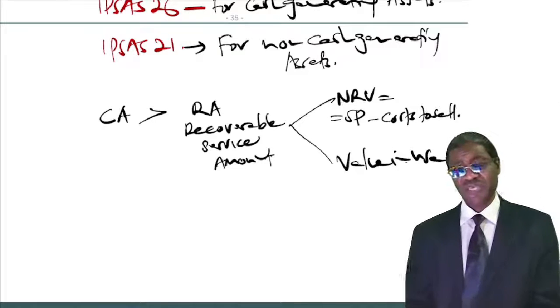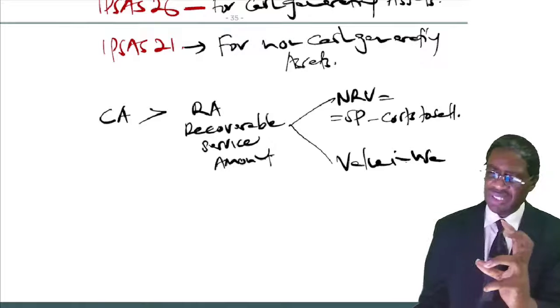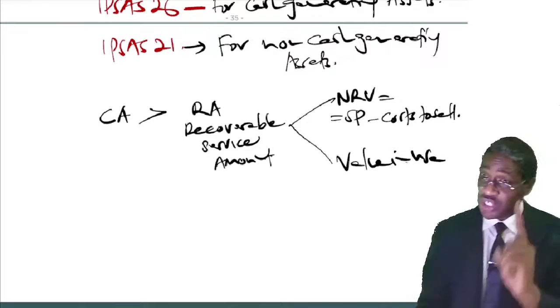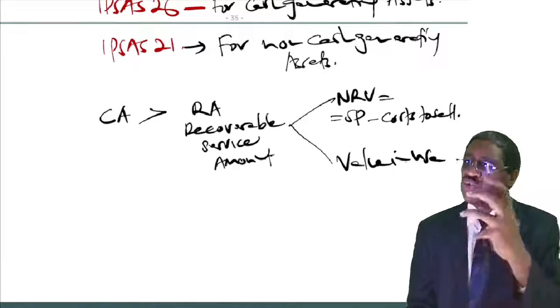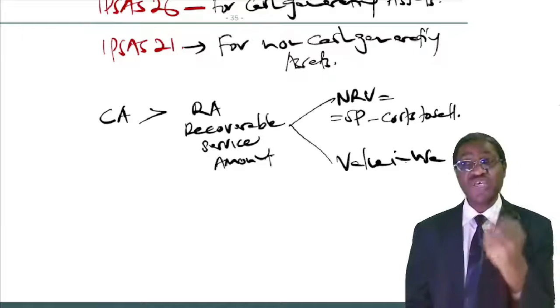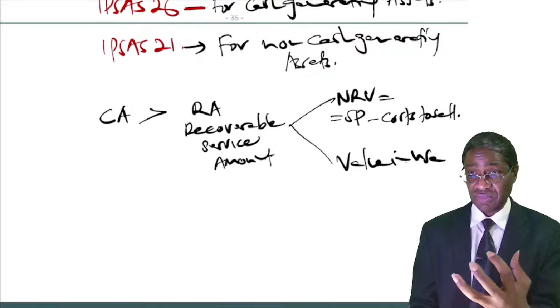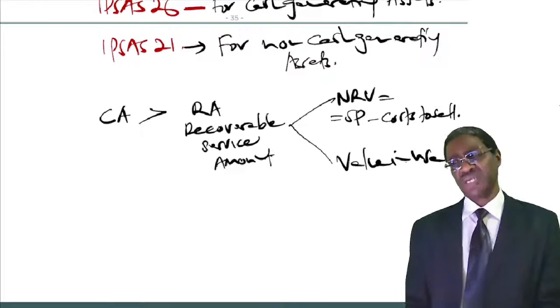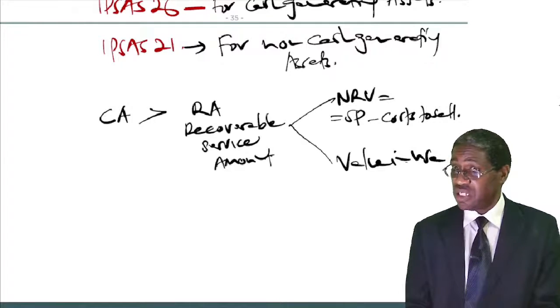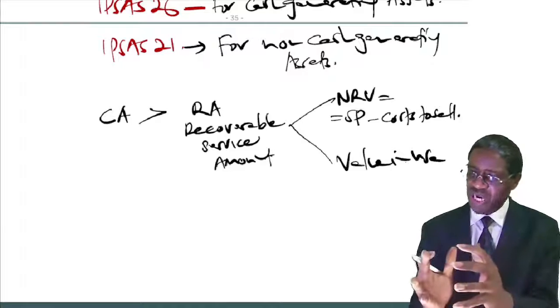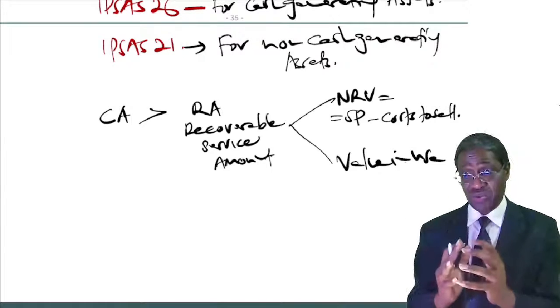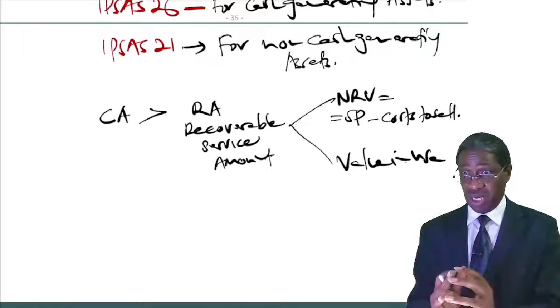The only issue now is here. How do you determine the value in use for non-cash generating assets? When I was discussing IAS 36, I said to get the value in use, you get the present value of all the future cash flows.